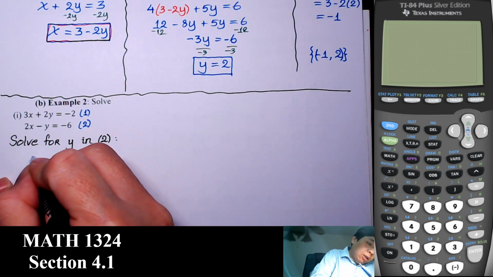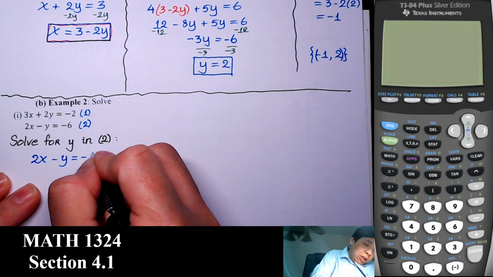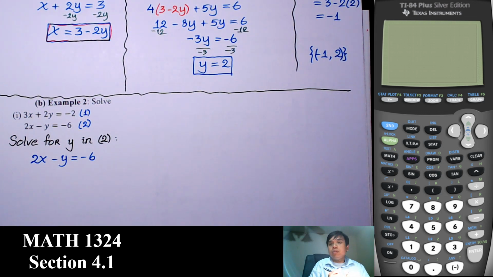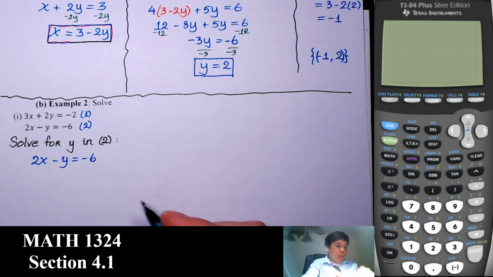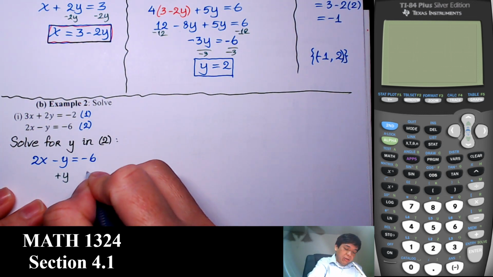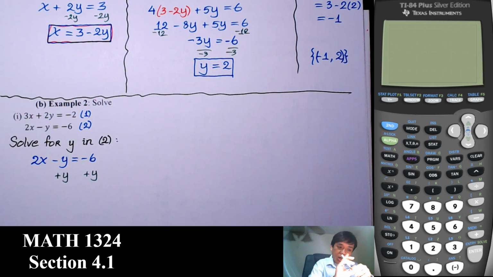So 2x minus y equal to -6. And we solve for y, so get y by itself. The y is negative here, so it's easier to add y on both sides, and the y will become positive. Of course, you can just move the 2x and then divide by -1. Either way, get the y by itself.